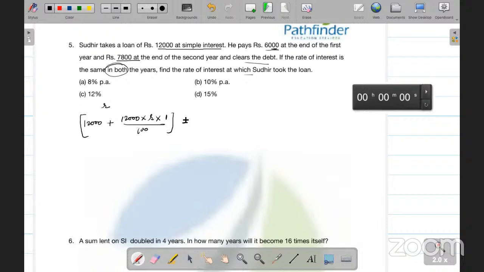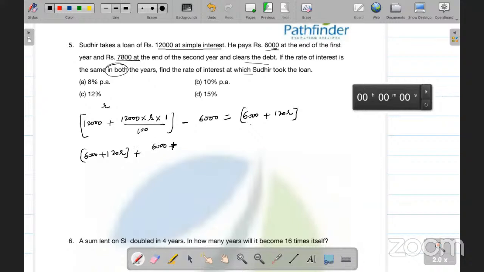And from this, you pay off 6,000 rupees. So the amount for the next year is actually 6,000 rupees plus 120R. And on 6,000 rupees plus 120R, you again apply the interest.